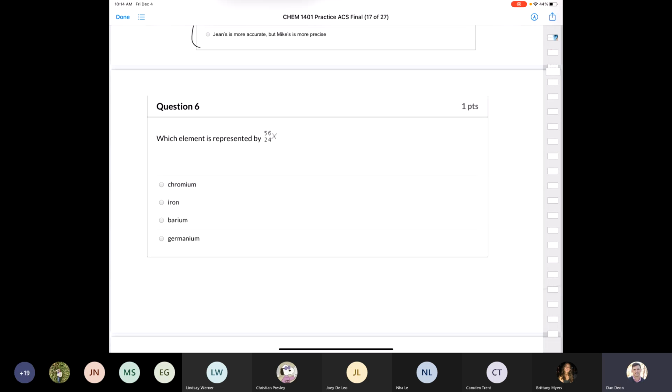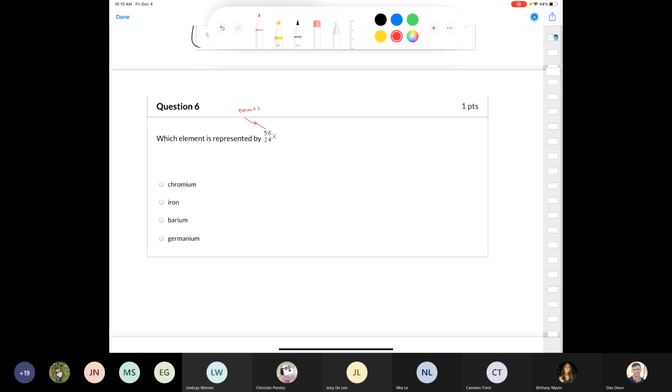Yeah, somebody said chromium, and up here we have the mass number, and here we have the atomic number, which is equal to the number of protons, and the number of protons governs the identity of the element. If you look at the periodic table, element number 24 is chromium.